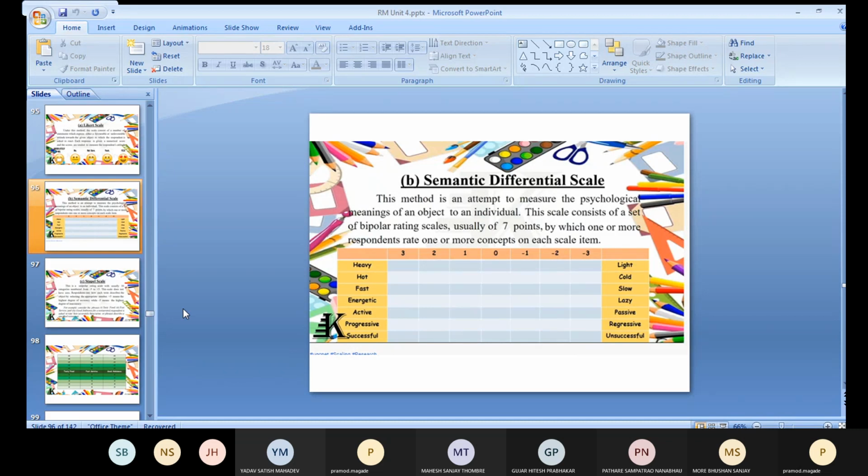Here they have mentioned usually 7 points are there, but it is not like that. It depends on application. Suppose from the worker's point of view, I will have to take his knowledge base into account, so it is not possible that I will have to maintain 7 points. So don't write that.